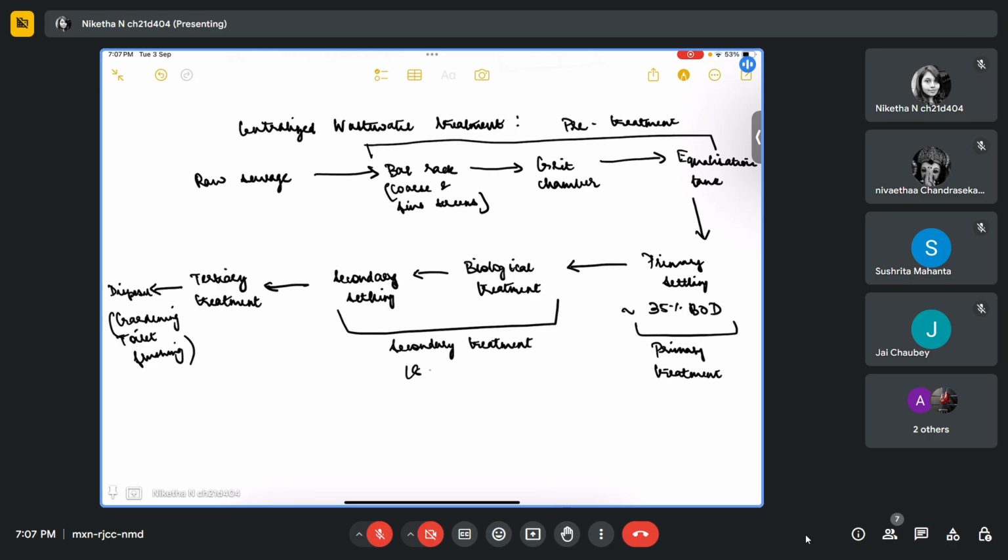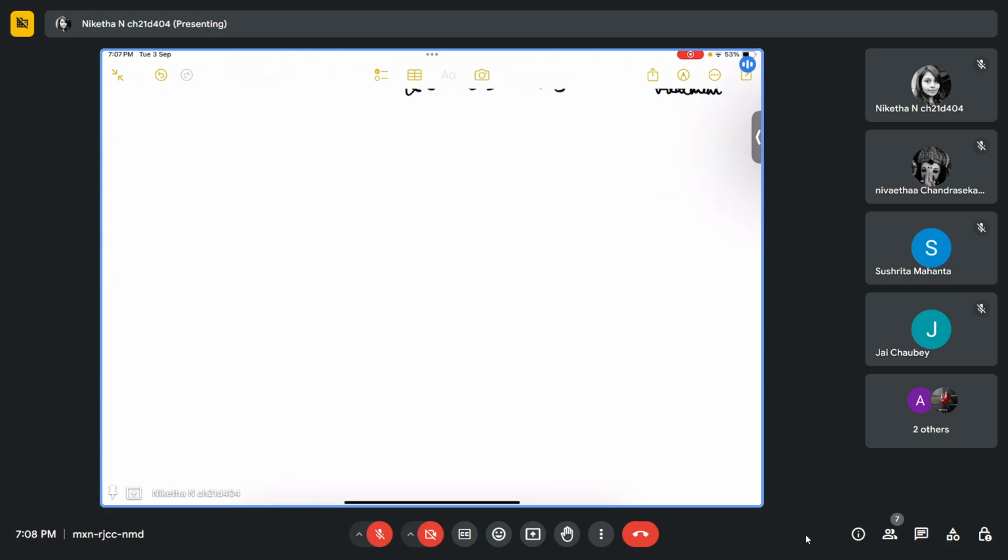Here almost 85% of BOD will be removed. And in tertiary treatment, more than 95% of BOD is removed. Okay. So now we will see one by one.